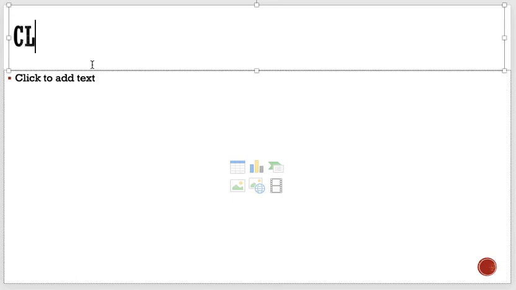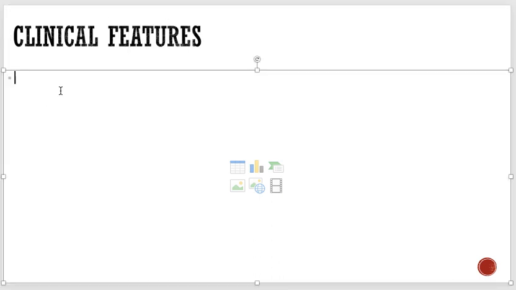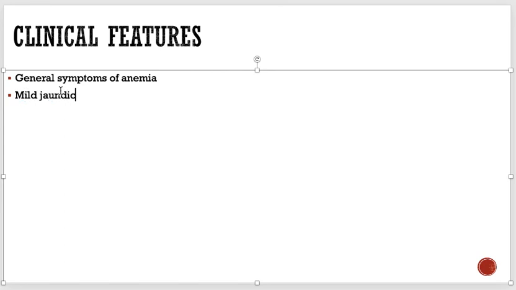So clinical features, guys, quickly, very easy. General symptoms of anemia, of course, will be there, and some of the people develop mild jaundice. They may have glossitis, and sometimes they have confusion.